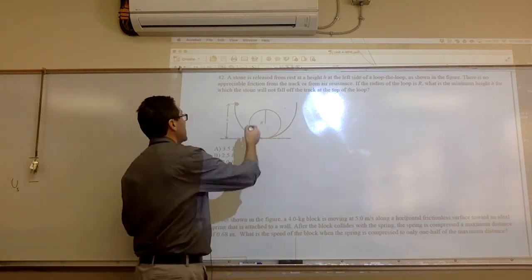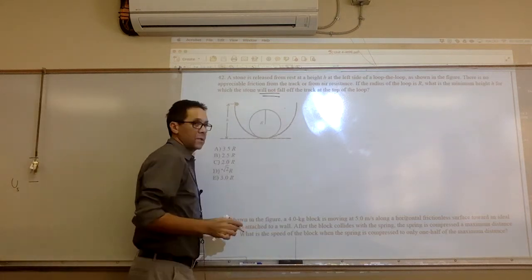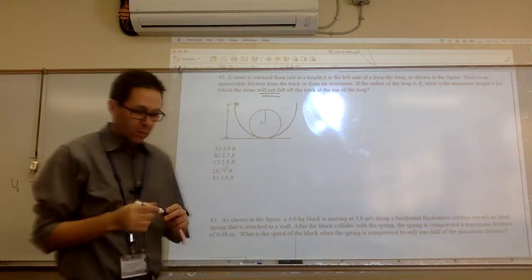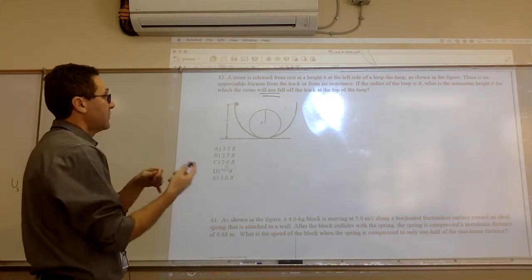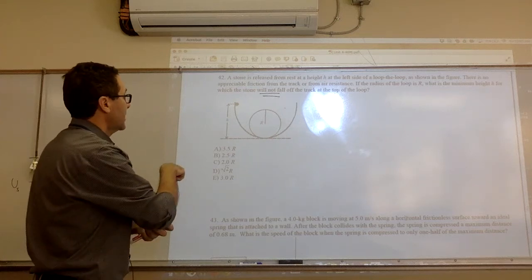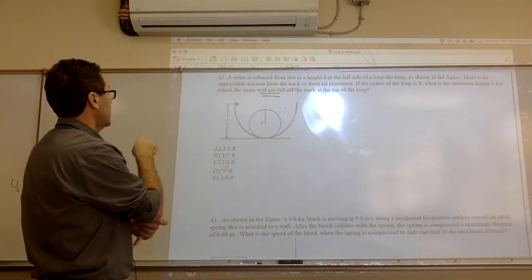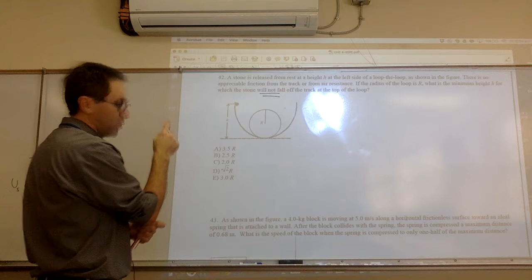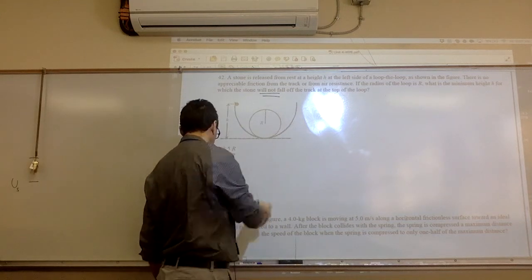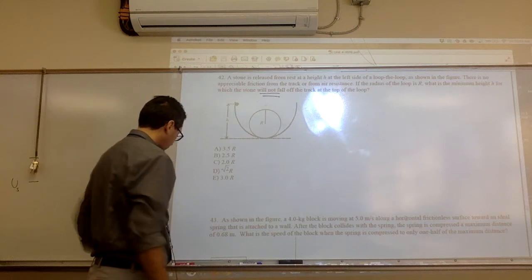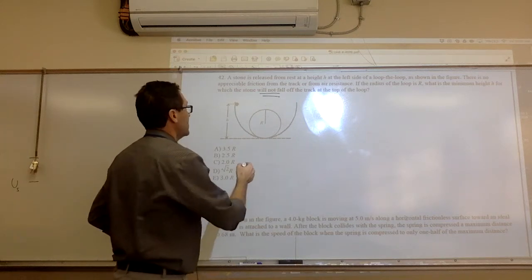If you remember, we did problems like this in the past, and the way we did this, we say, well, let it fall. Let's treat the problem as if it's going to fall, and then we'll make a decision whether the height should be bigger or smaller than what we find. All right, so let's try this.